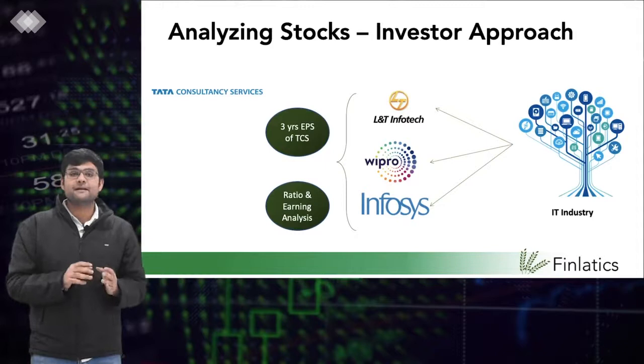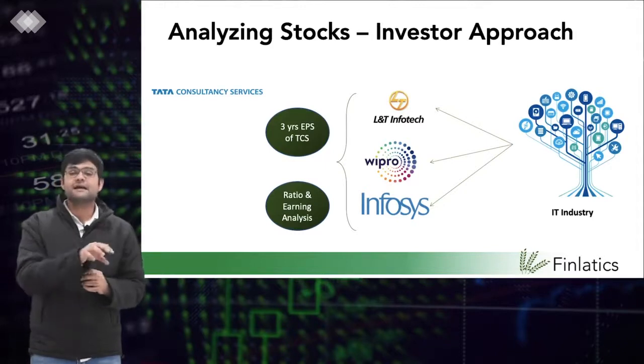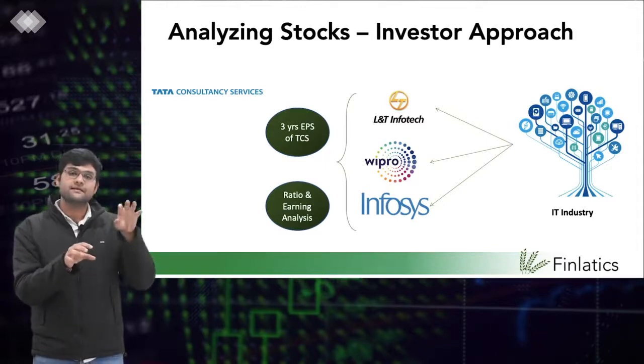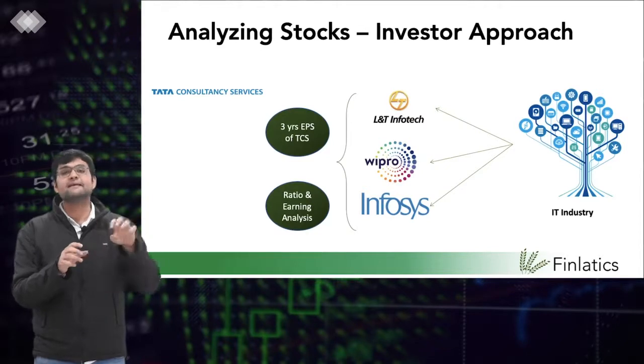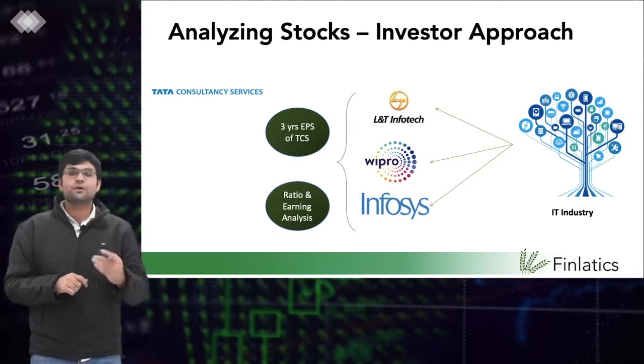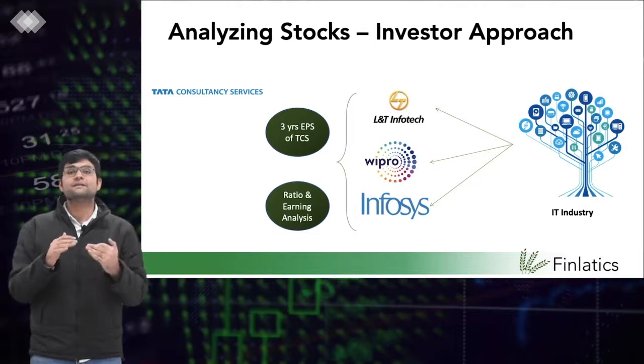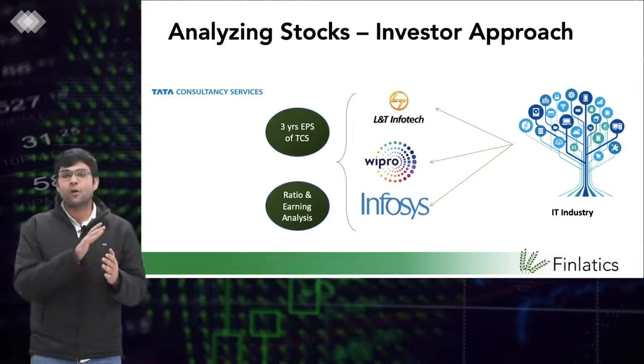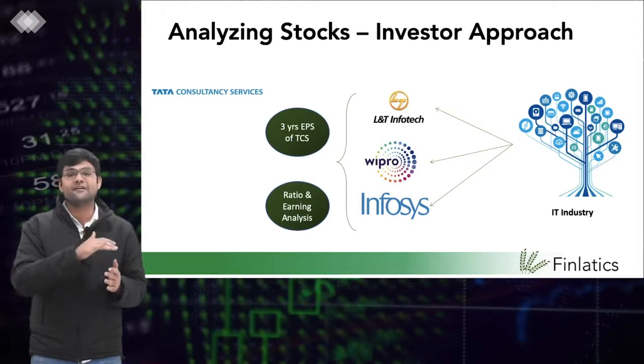And you will compare the result of this analysis with the result that you got while analyzing TCS. An example of such a study would be that you compare the 3-year EPS or PE of these three companies with TCS to find out the trend in which all four are going or have been going.